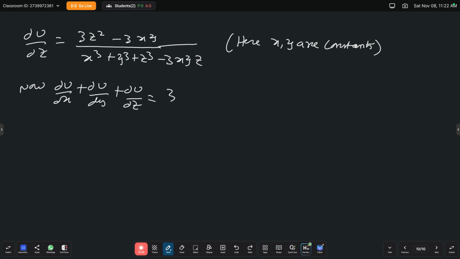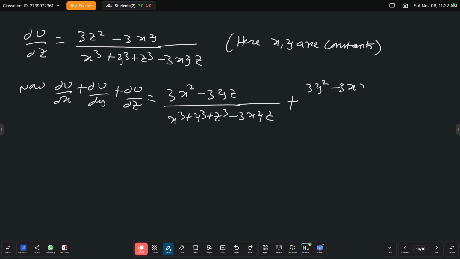Now (3x square minus 3yz) by (x cubed plus y cubed plus z cubed minus 3xyz), the denominators are the same, plus ∂u/∂y value is (3y square minus 3xz) by (x cubed plus y cubed plus z cubed minus 3xyz).